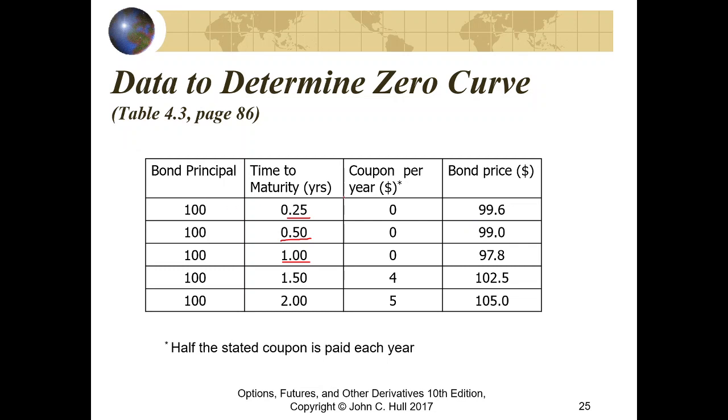All what we need to know to find the zero rate, based on the formula that we derived earlier, is that R is equal to ln of the future value, which is the bond principal, divided by the present value, which is the bond price that we observe for each maturity date, divided by T.